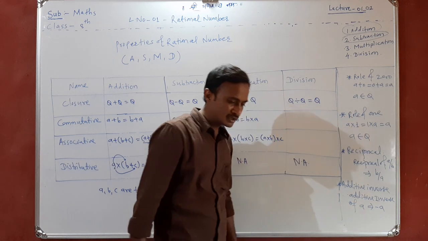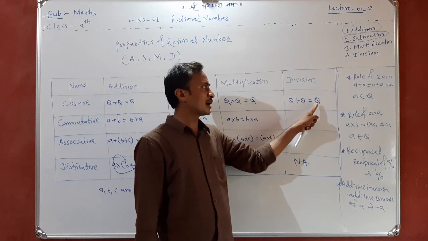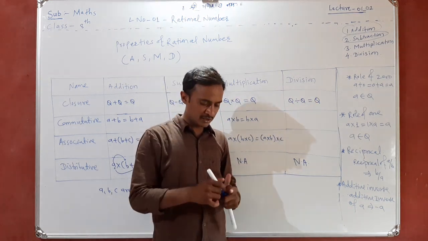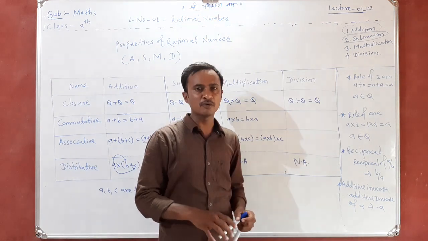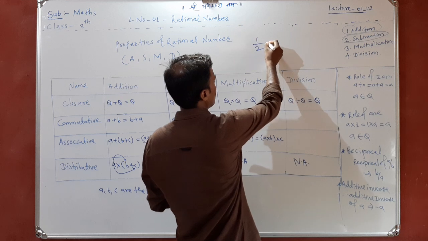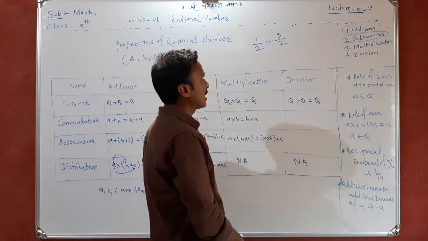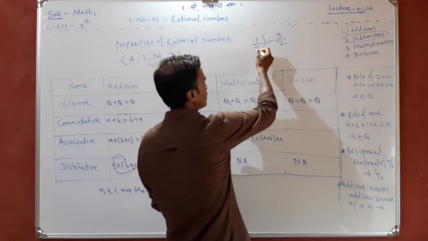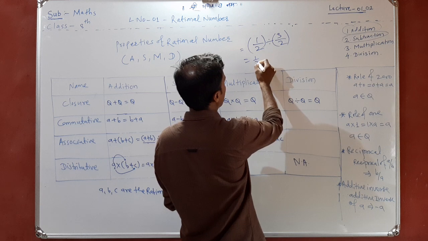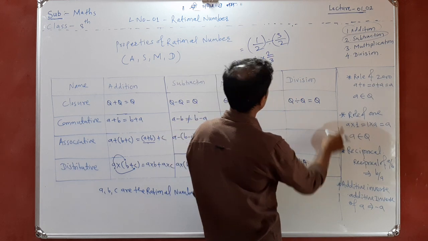Means if you divide any rational number by a rational number, what will you get? Here you will get a rational number. You can try it practically. Take any rational number and divide it by another, for example 1/2 divided by 3/2, right? 1/2 is a rational number, 3/2 is a rational number, and this is equal to 1/2 multiplied by 2 upon 3. Now what is meant by 2 upon 3? Reciprocal.